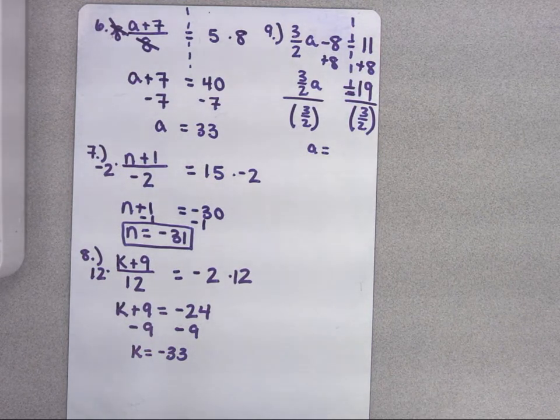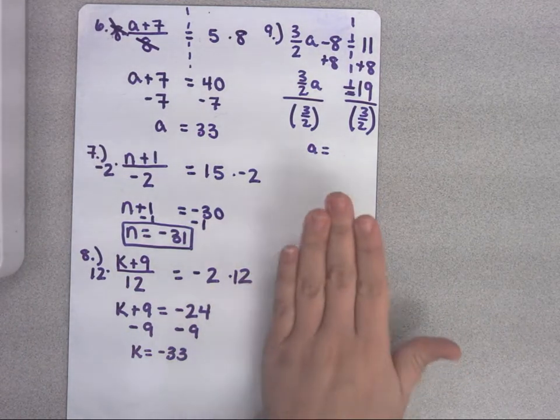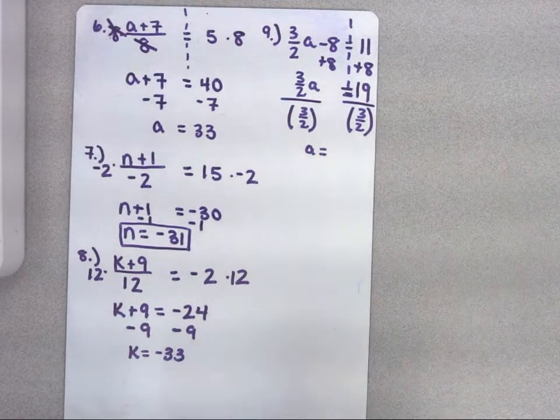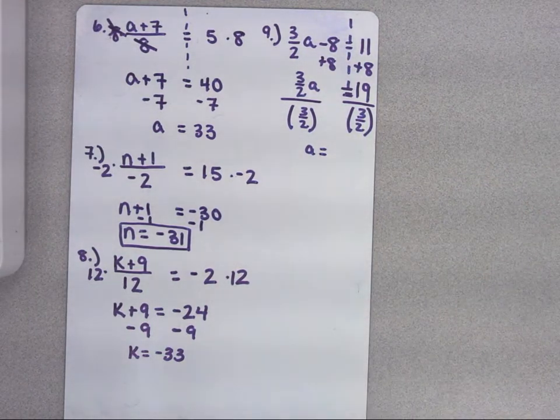Is it right now in a mixed fraction form? So it should be 12 2/3. So once you have the answer, push second, and then your fraction button, the ABC button, and then push enter. That'll turn it into an improper fraction.